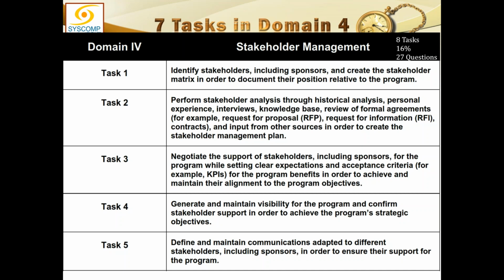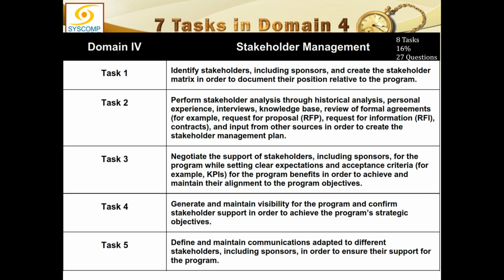So in the third step, we started getting in touch with them regarding the program. How can we gather their expectations, translate them into acceptance criteria, develop KPIs, and use them for the program benefits? This is exactly going to satisfy the program objectives.